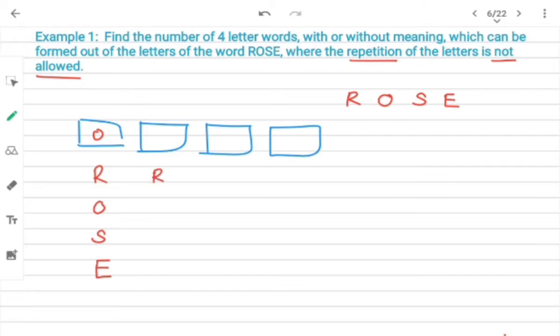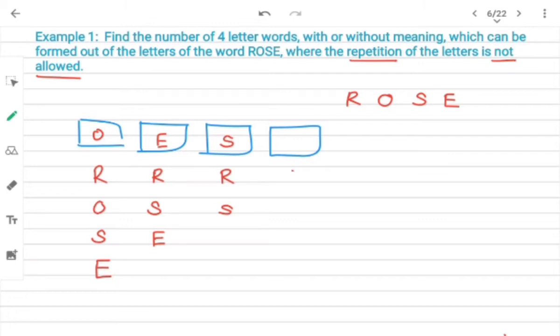One is R, another is S, another is E. Among these 3, I place one in this place. So the remaining letters are R, S. Now I have only 2 letters to place in this third place. Here I am placing S. So how many are left over?